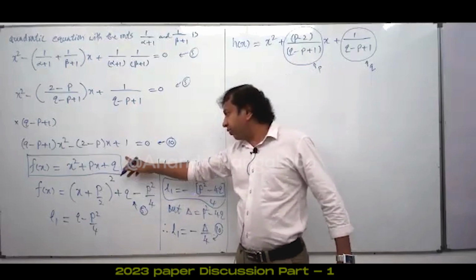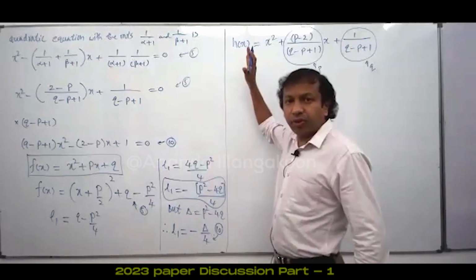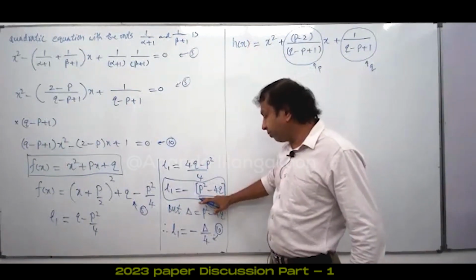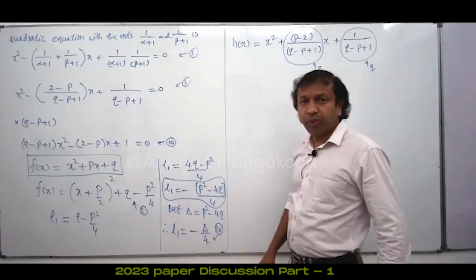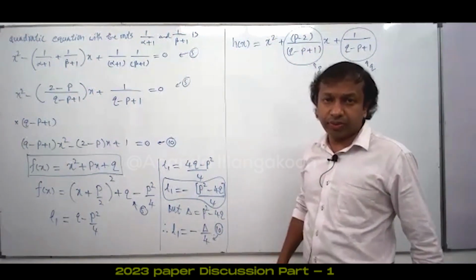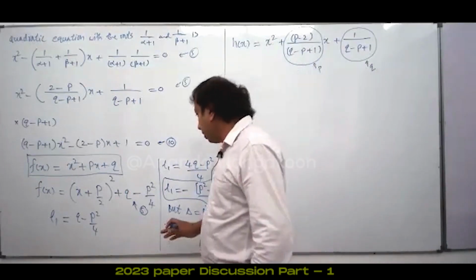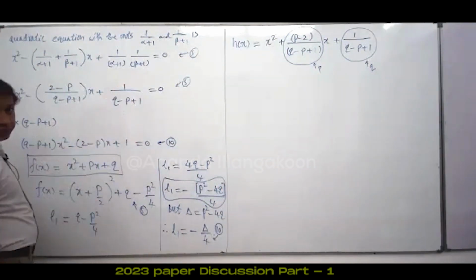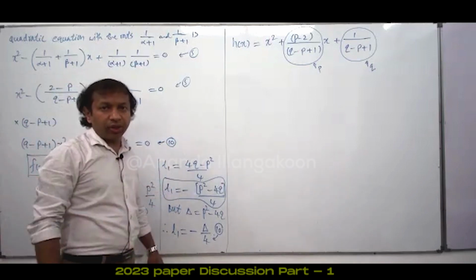Then if the minimum of this is given by this expression, similarly for this one, its minimum should also be given by the same thing, minus, for this p and q, now we have to substitute this and this. I think you can understand this logic. Then we can directly write without writing this way. For that, unnecessary work, people. By just comparing these two, you can take this answer.